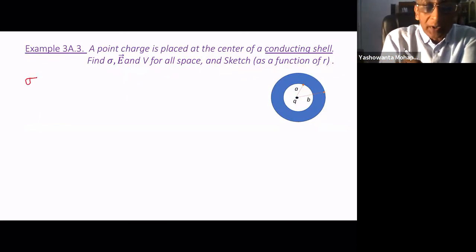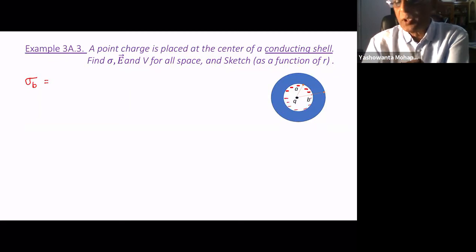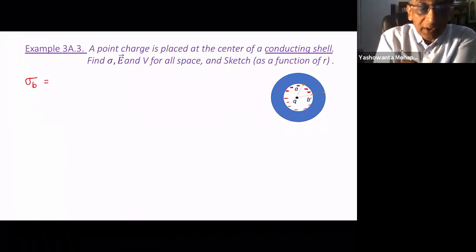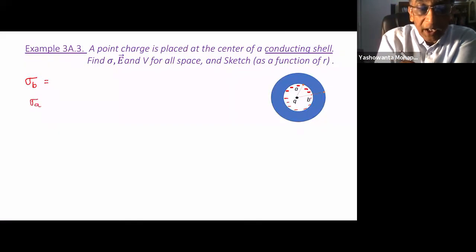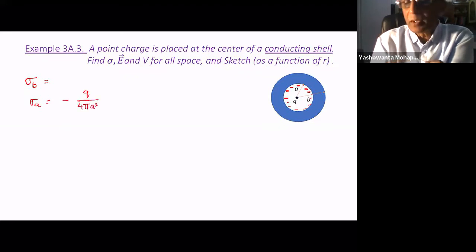What is the sigma at A? Of course it is a spherical shell, so this will be nicely minus Q, and that would be uniform. So sigma A must be minus Q by 4 pi A square. All right.